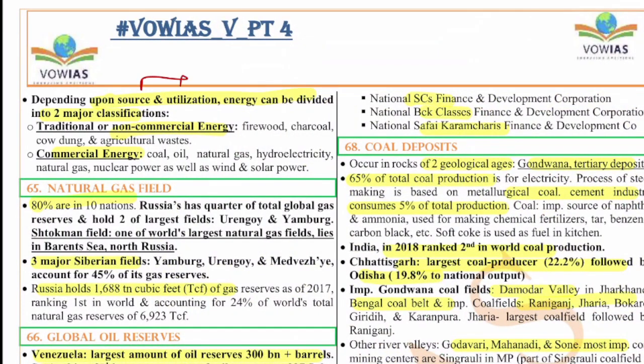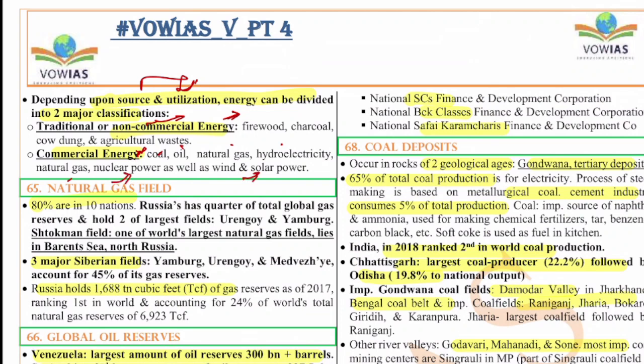Depending upon the source and utilization, energy also can be divided into traditional or non-commercial energy and commercial energy. Here, if you see the classification, commercial energy can include both conventional and non-conventional sources. For example, in commercial energy, coal, oil, natural gas, hydro, nuclear power, solar power, wind, etc. will come.